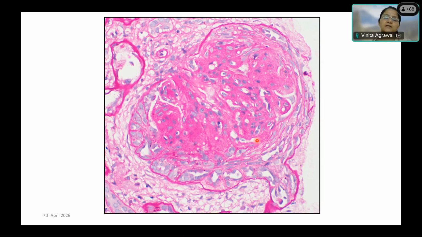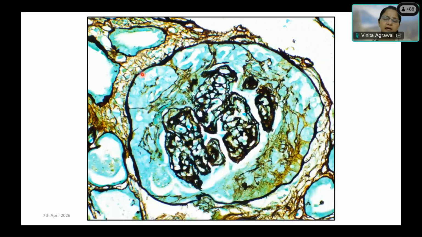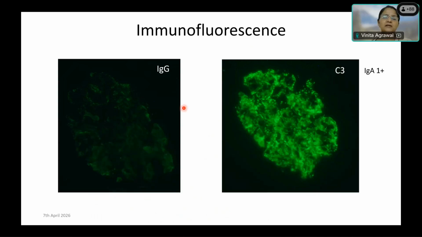Very good. So this is the same glomerulus which you are looking at in the silver methenamine stain, where the crescent will not be silver methenamine positive, whereas in the capillary loops you can beautifully see the double contours. Agreed? This is the MPGN pattern of injury with crescents. This is the immunofluorescence. Now, can you read the immunofluorescence? What is your finding?